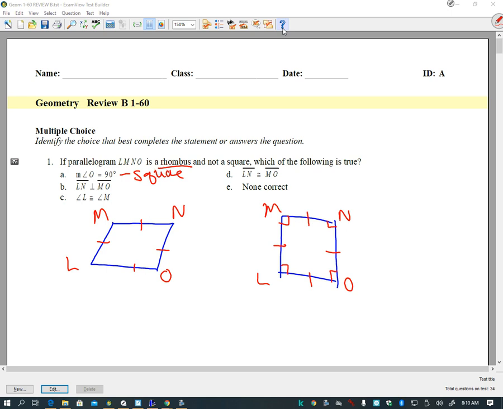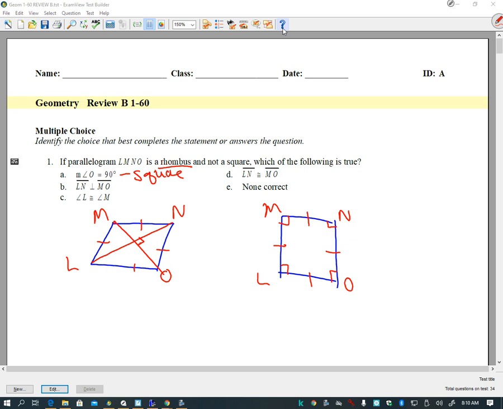I can draw a line across here, I can draw a line across there, and that's going to be a right angle. So that's a property of rhombuses. It's a property of squares, but it doesn't make it a square. Does that make sense?